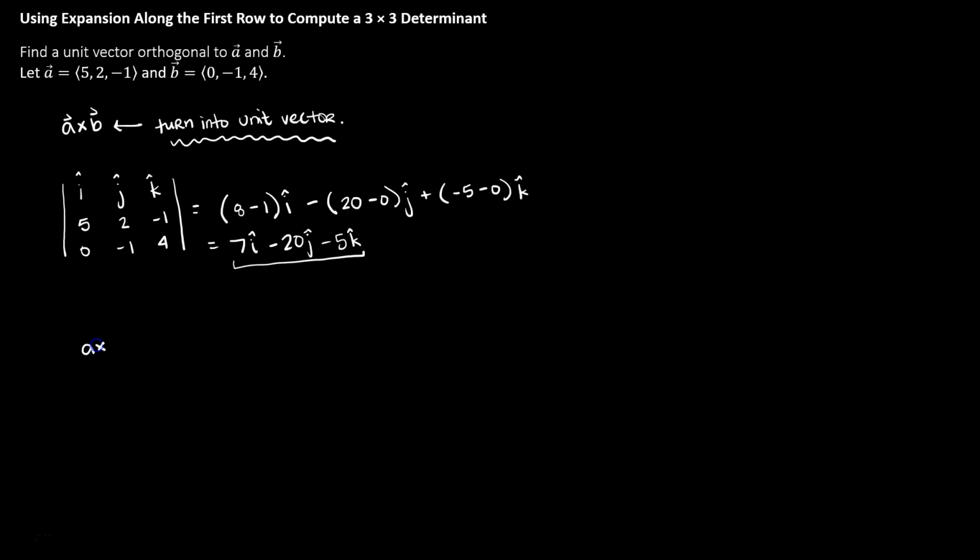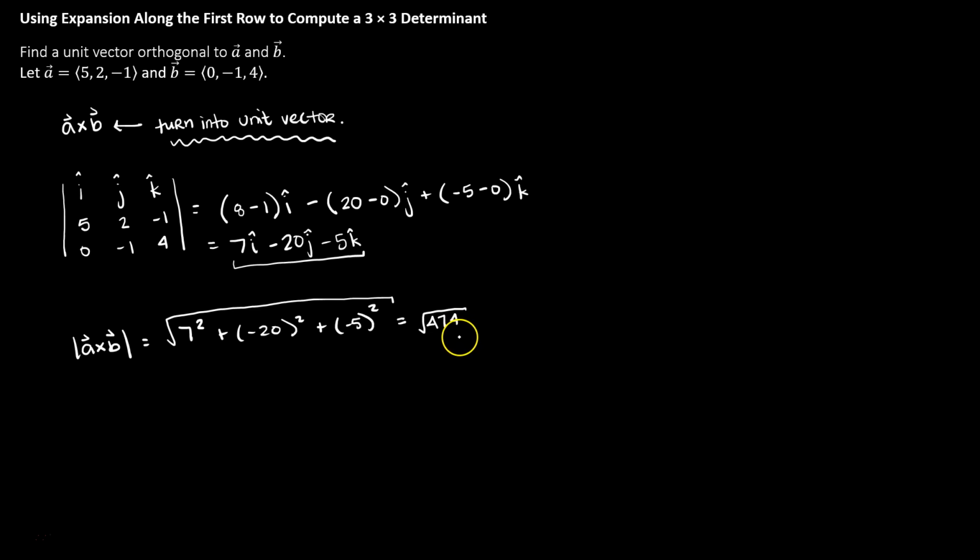To make the cross product a unit vector, I need to calculate the magnitude. So I square each component, add them up, and square root them. Now, the cross product has a magnitude of the square root of 474, and we could turn that into a decimal, but there's no reason to.